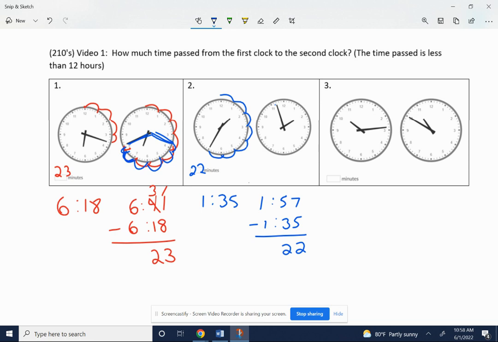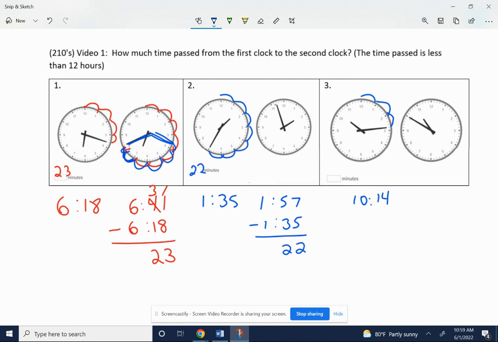Okay, clock 3. Both hour hands are past 10. Looking at the minute hand, this first clock is showing 10 o'clock, and then an extra 5 minutes, 10 minutes, 14 minutes. So we're looking at 10:14.